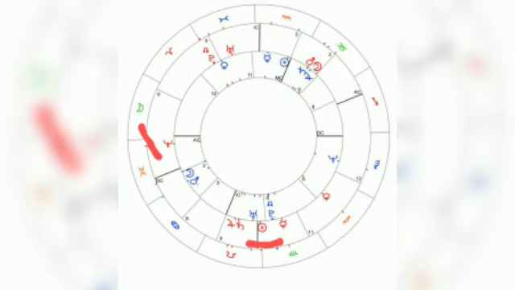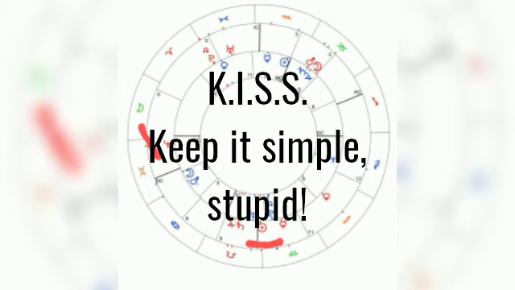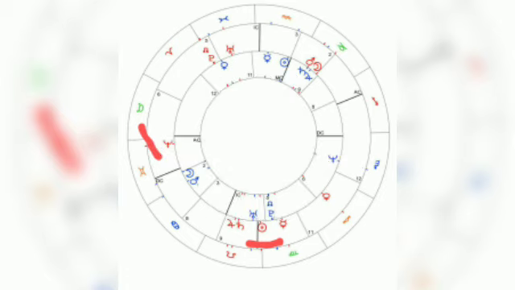But I like to keep it simple, stupid. The KISS theory, K-I-S-S. Keep it simple, stupid. And just use what's important. Because we don't have all day and years to analyze. So especially when we're working with clients, you want to just grab what is screaming at you.